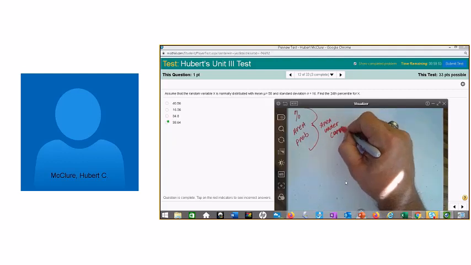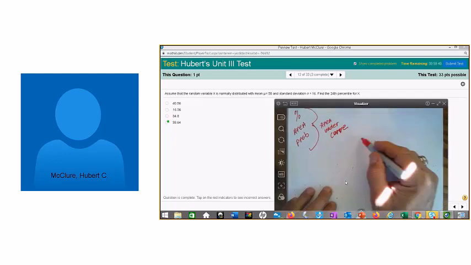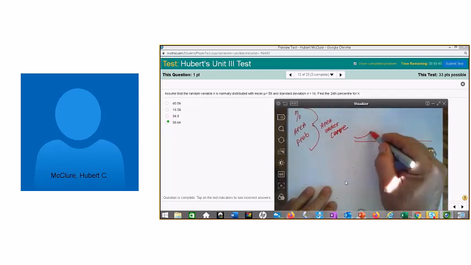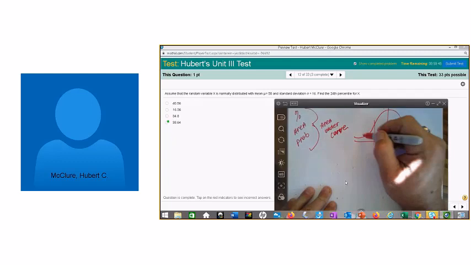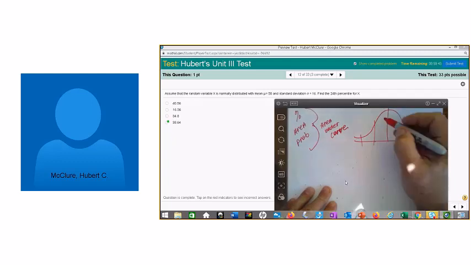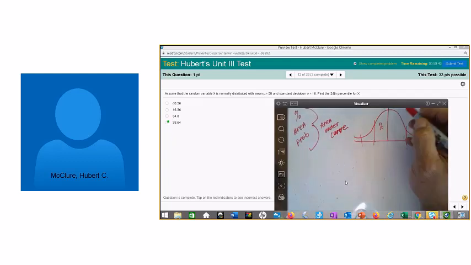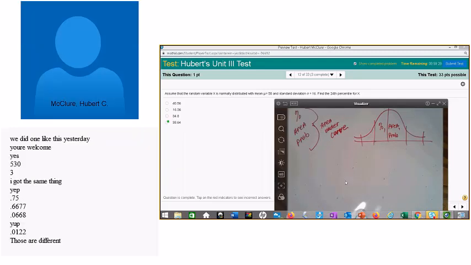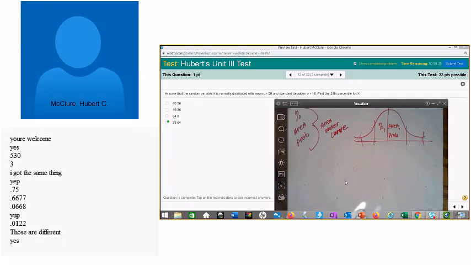C-U-R-V-E. Area under the curve. So, if I give you a curve, the area under that curve can be called a percentage, it can be called an area, or it can be called probability. Do y'all remember me telling y'all that? Okay, I hope you did.